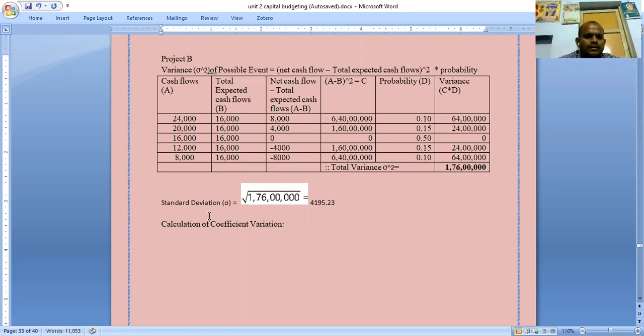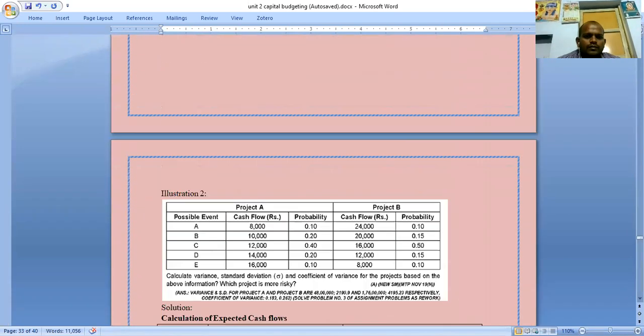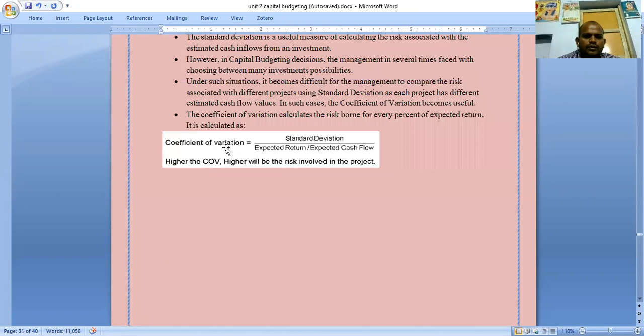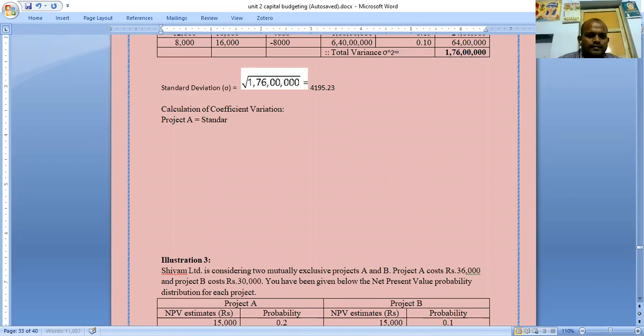Coefficient of variation for project A. The formula for the coefficient of variation is standard deviation divided by expected return or expected cash flows. We calculated the expected cash flows and we know the standard deviation as well.